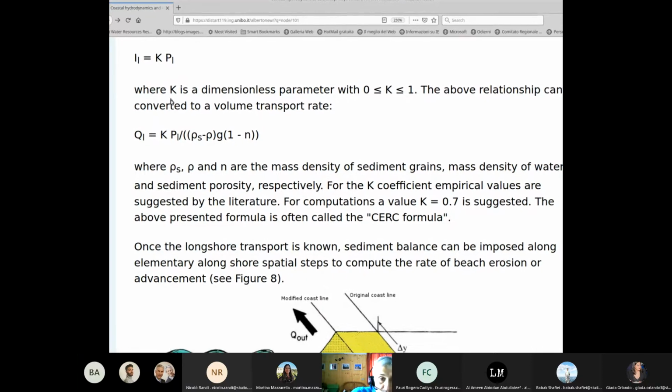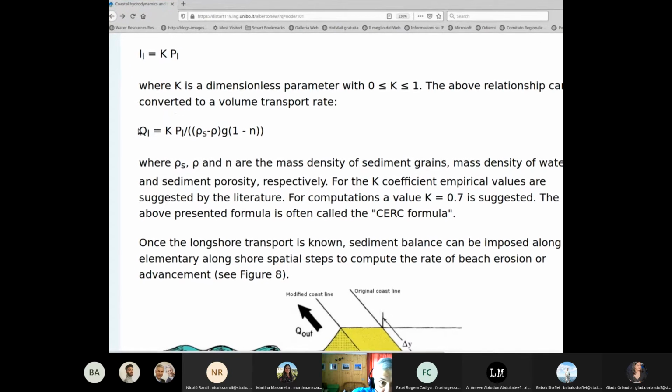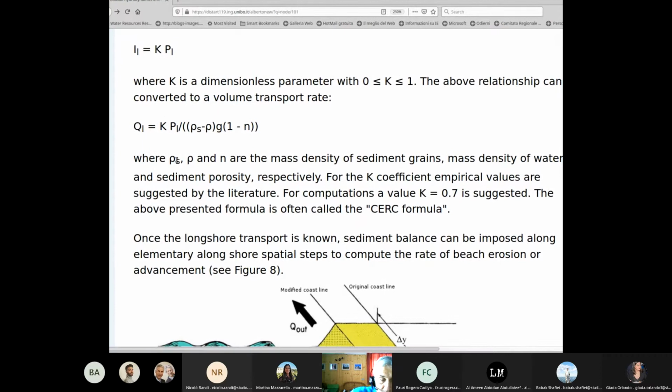Now, if we want to find the volume transport rate, QL, which is something that probably in technical application is more useful than the weight of the sediment, the volume is more useful, because usually you want to estimate how much a beach is eroded in terms of geometry, not in terms of weight.